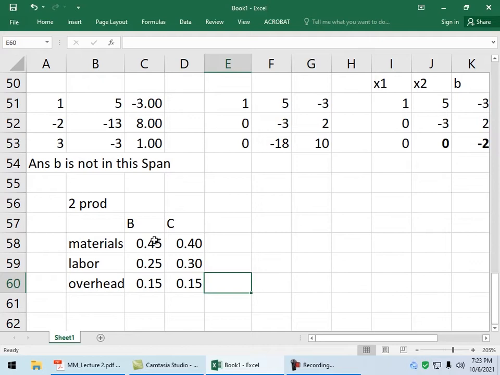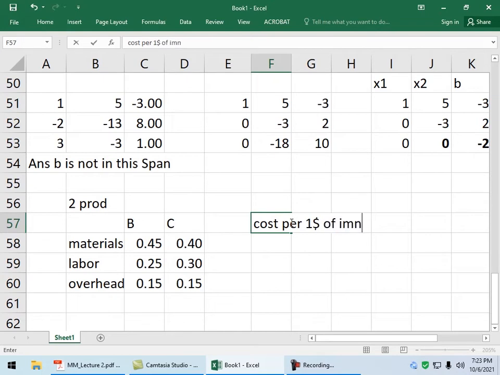This is the cost per dollar of income. So two questions. The first one, what economic interpretation can be given to vector, let's say, 100b? Economic interpretation.